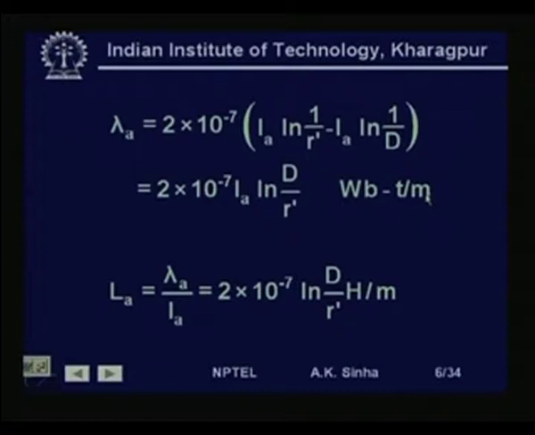Now, once we have got the flux linkage, we can calculate the inductance very easily. L A, inductance of conductor A, is equal to lambda A by I A, which comes out to be 2 into 10 to the power minus 7 ln d by r dash henries per meter.